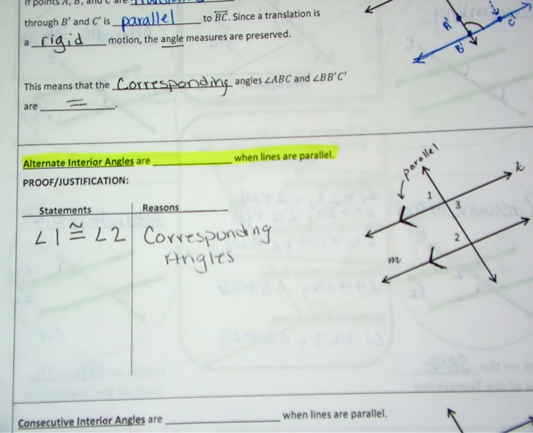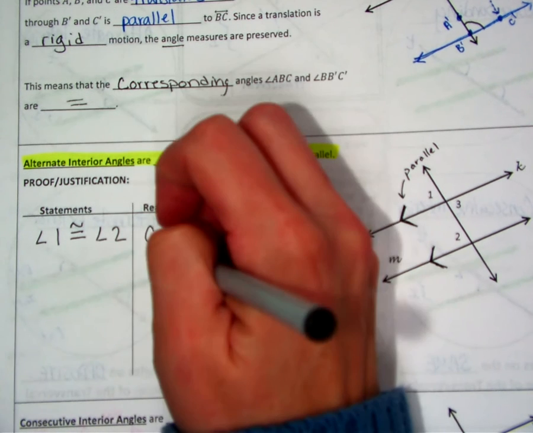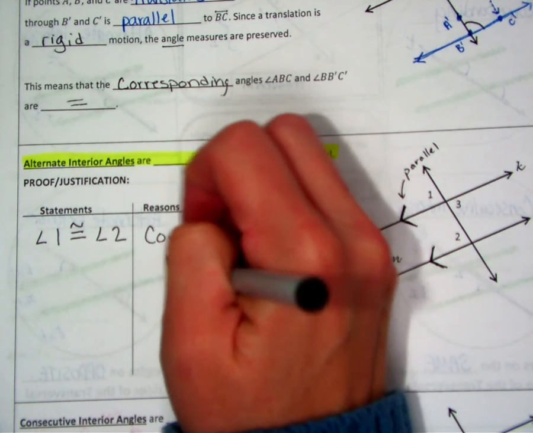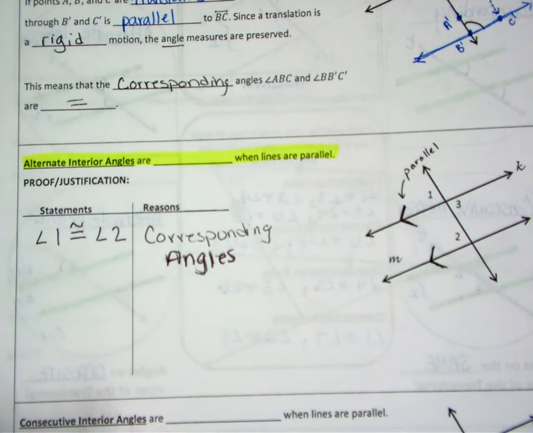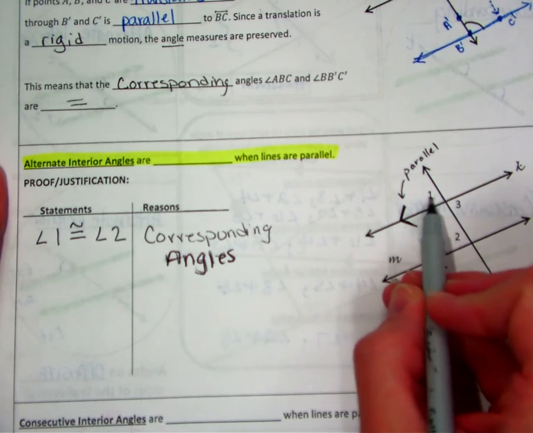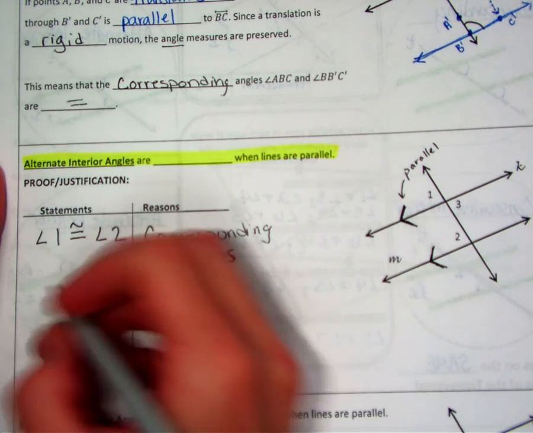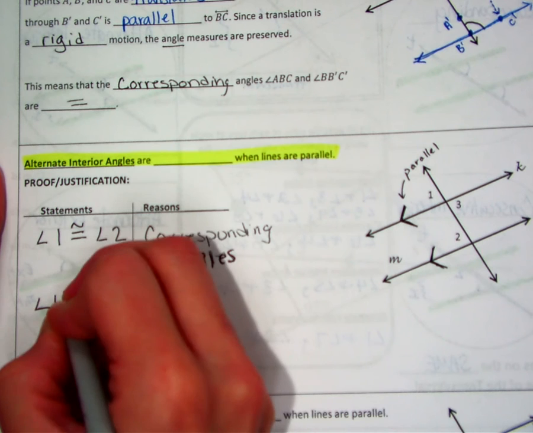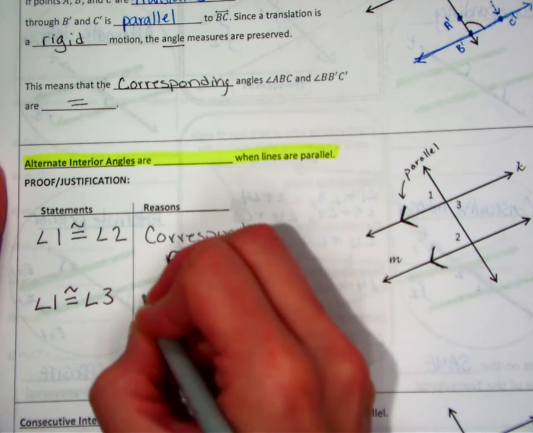Because they're corresponding angles. Now, there's something else that we know, but we know it because of units 1, 2, and 3, not because of currently. In the picture, I also have a set of vertical angles over here. So I also know that those two angles are equal because they're vertical.